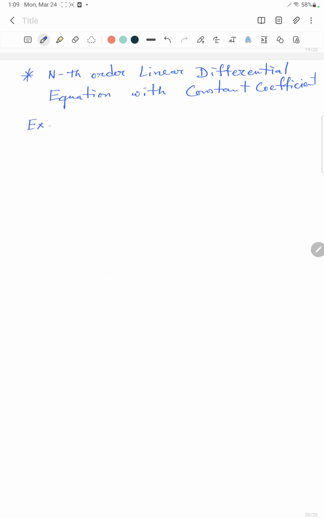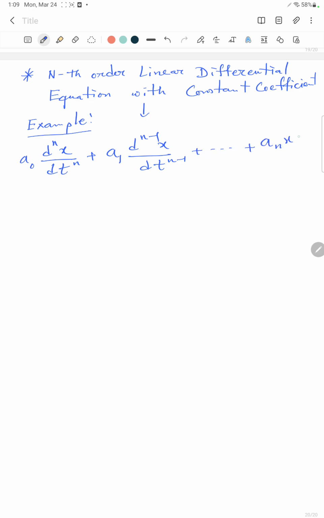First let us start with an example, then it will be easier to elaborate. The standard form of this type of differential equation is like this: a0 d^n x/dt^n plus a1 d^(n-1) x/dt^(n-1) plus ... plus an x equal to 0, where x is essentially a function of t and a0, a1 up to an are constants.